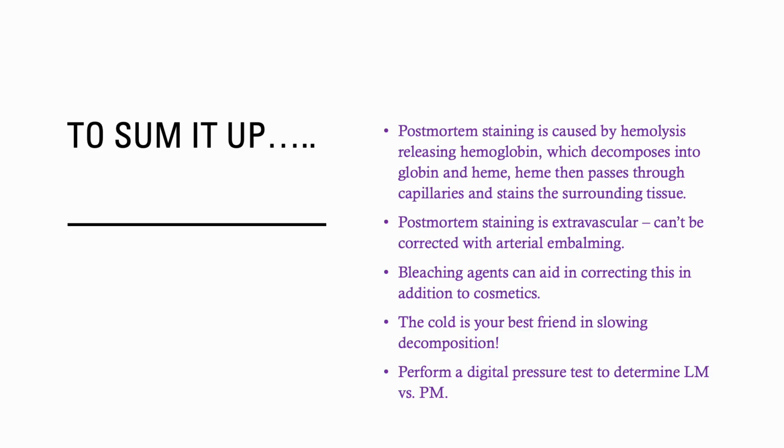Embalming can only fix or mask the stained tissues. A higher concentration of preservatives, a higher demand of formaldehyde-based chemicals to prevent further breakdown of tissues. Bleaching agents and careful application of cosmetics can be used to mask the dark stains.